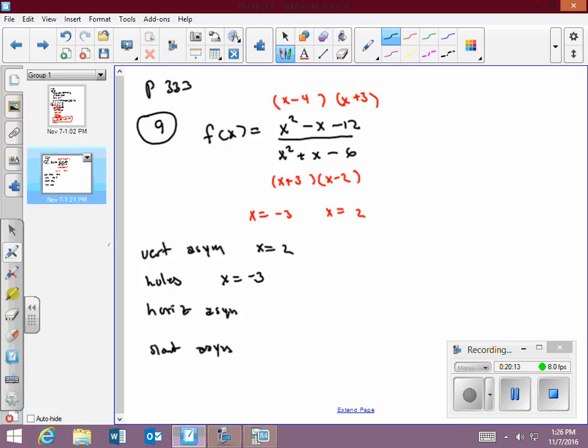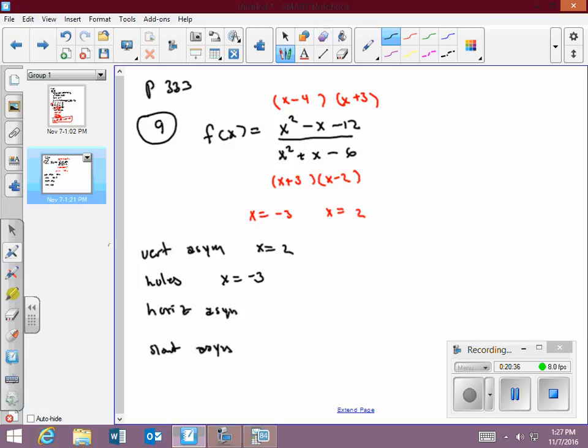The numerator has to be greater than the denominator in terms of degrees. More importantly, Aaron, it has to be what greater? One greater. And this numerator's degree is the same as the degree of the denominator.